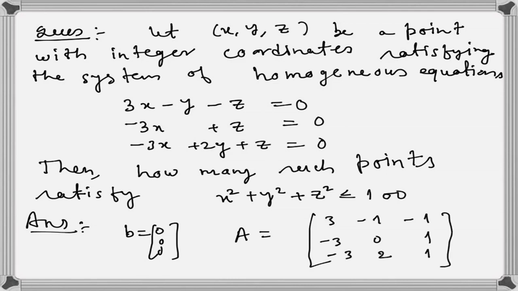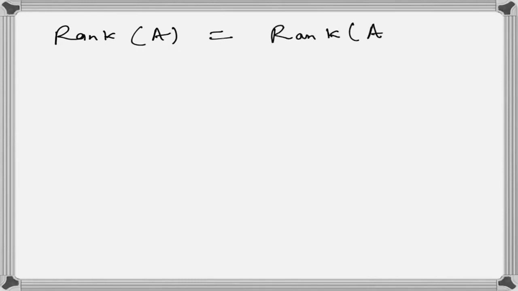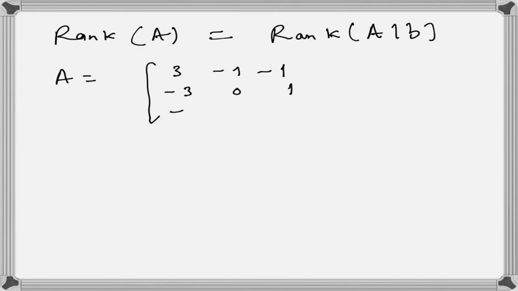So in this case, rank of A is always equal to the rank of the augmented matrix AB. The reason is because B is the 0 vector. Alright, so let's try to find the rank of A. We have A given by 3 minus 1 minus 1, minus 3 0 1, minus 3 2 1.